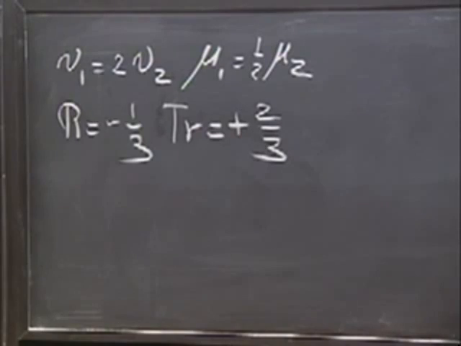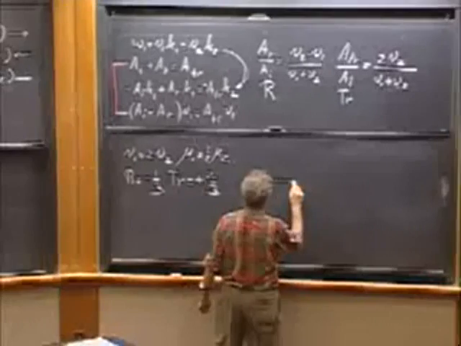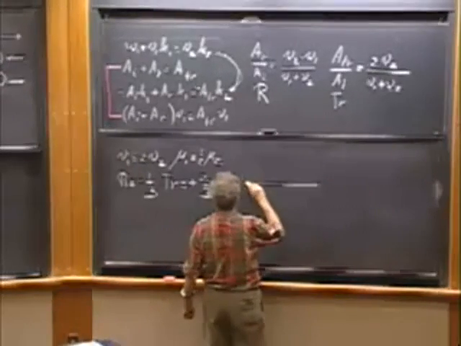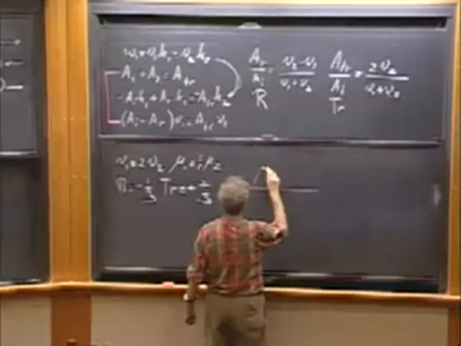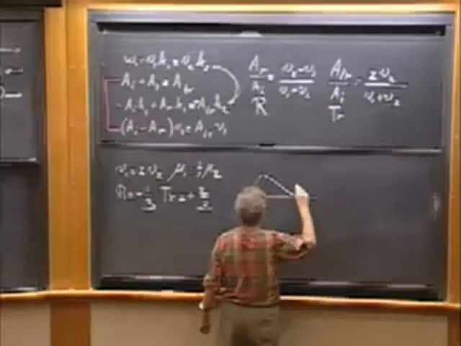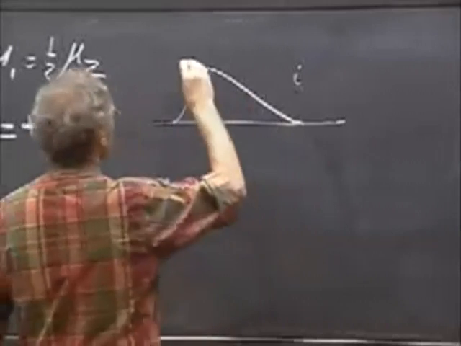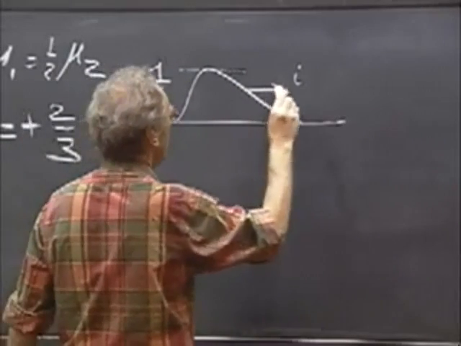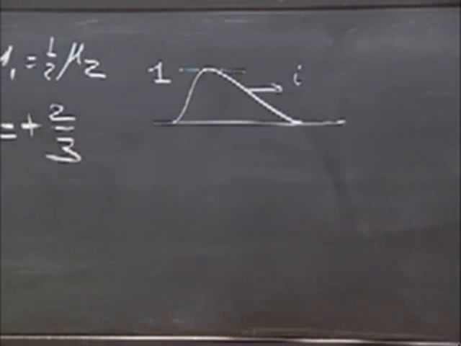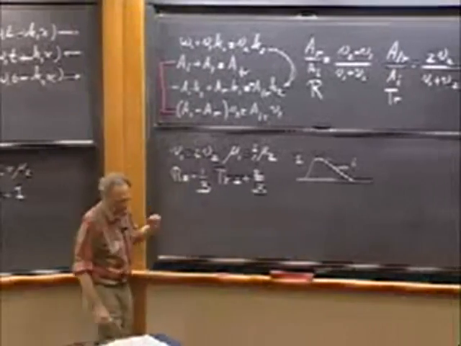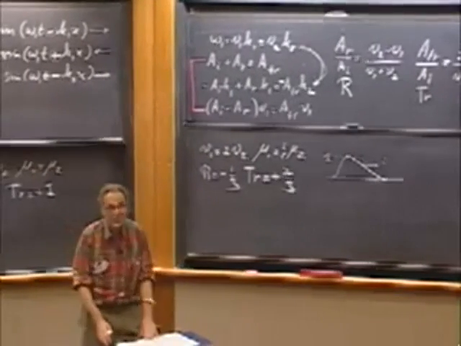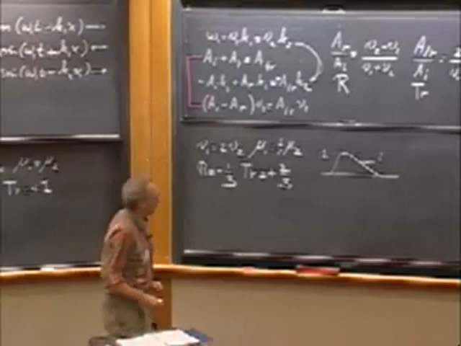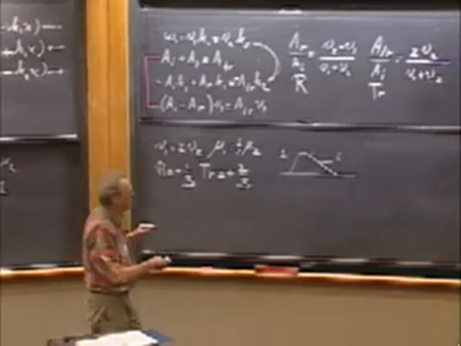And that means then the following, that if this is my incident wave, so this is now the incident one, and the incident one, say, has an amplitude 1, and is moving in this direction, the returning one has an amplitude which is 3 times smaller, and it is flipped over, but it has the same length because it has the same speed.